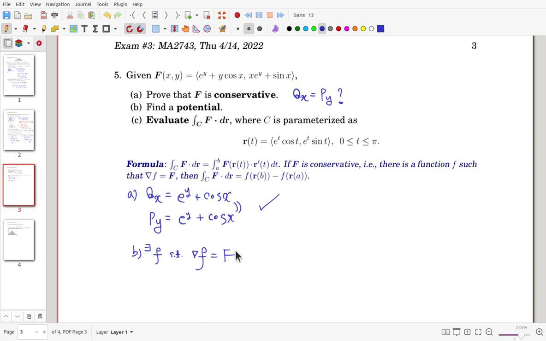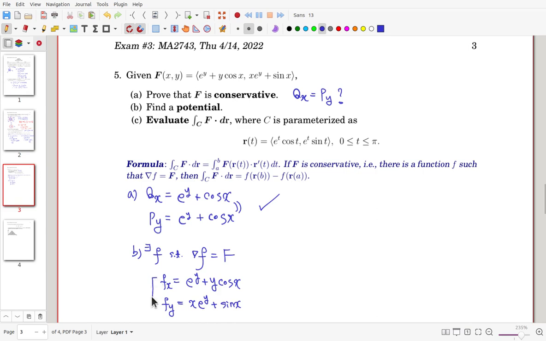That means the first component, the x derivative f sub x, must be the same as the first component of the vector field, which is e to the y plus y cosine x, and the second component, f sub y, is the second component of the vector field, x e to the y plus sine x.